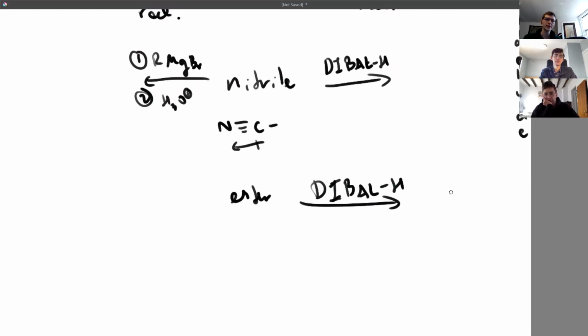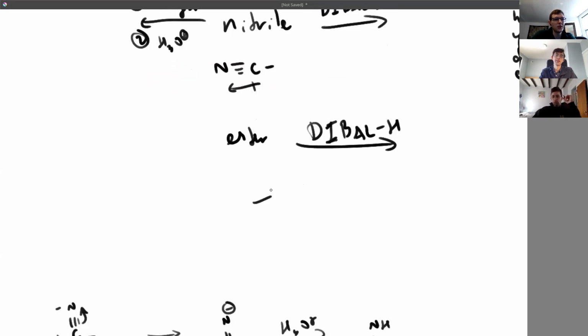If I want to make my ester into an aldehyde, wouldn't it first stop at a ketone? I actually don't think it would. I think it would go straight to aldehyde.